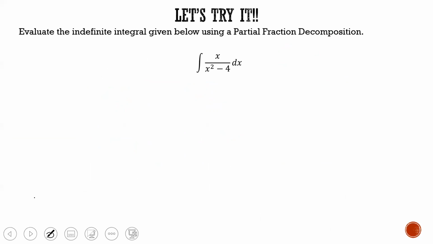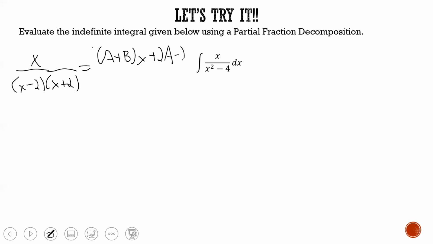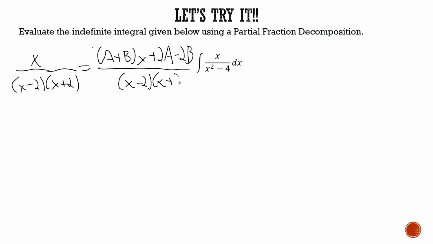And we're looking at the point again where we have x over (x minus 2) times (x plus 2) equals that last thing we just had, the (a plus b) times x plus 2a minus 2b, all divided by the (x minus 2) times (x plus 2).